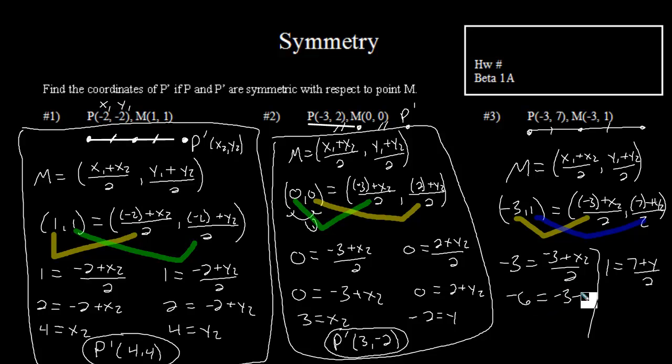If we add 3 to both sides, we get -3 for x sub 2. This other equation, if we multiply both sides by 2, then if we subtract 7, we get -5. So P prime for this problem is -3, -5.